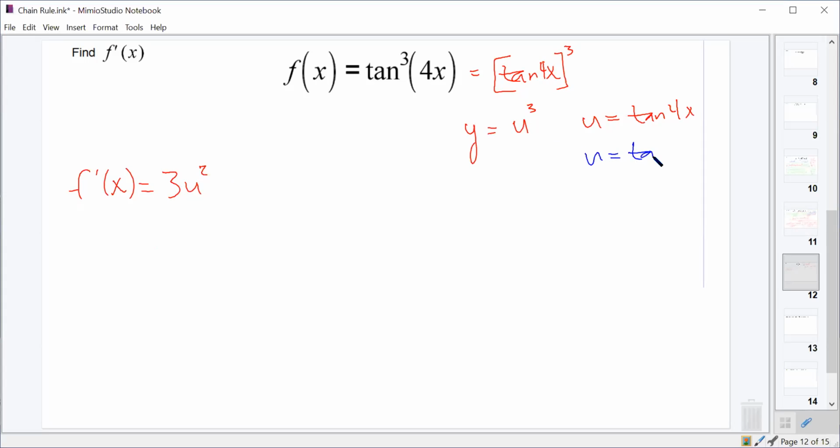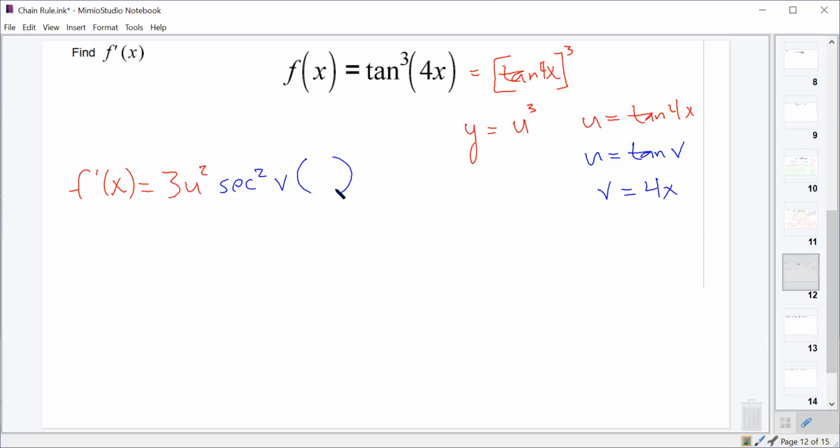Isn't that u equals tangent of, we'll say, v, with v equal to 4x, with a composition within the composition? Yes. All right. So how do we take this derivative? We need the derivative of tangent v, which is secant squared v.